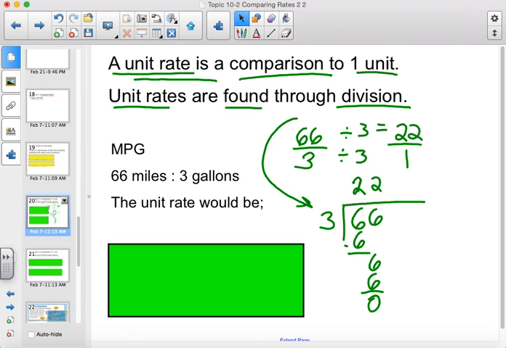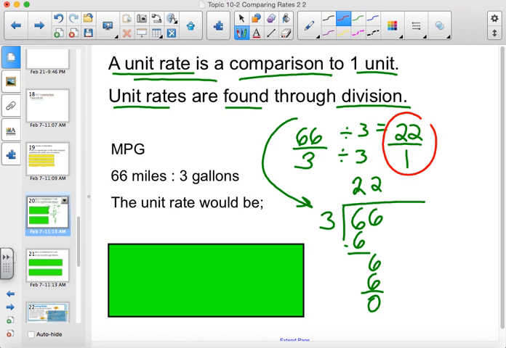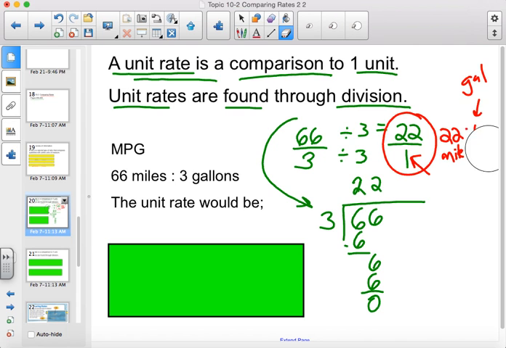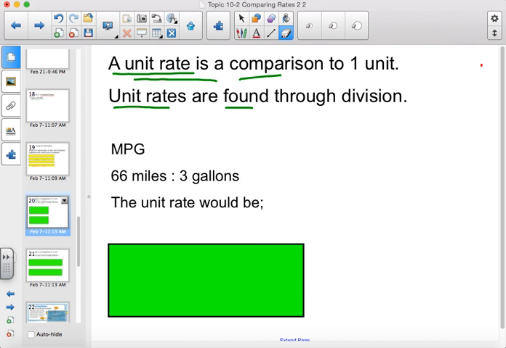So then our rate would be broken down to a single unit, 22 to 1. So it would be 22 miles to 1 gallon. And so that's what we mean when we talk about a unit rate.